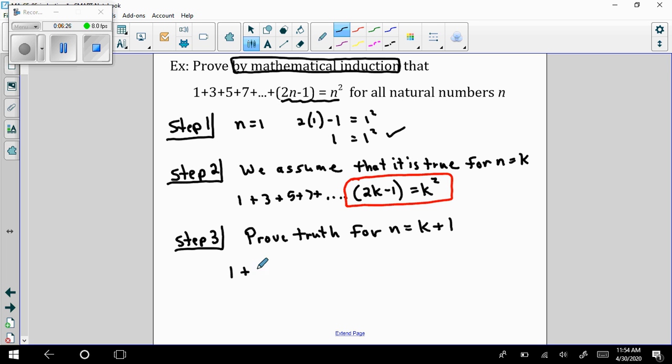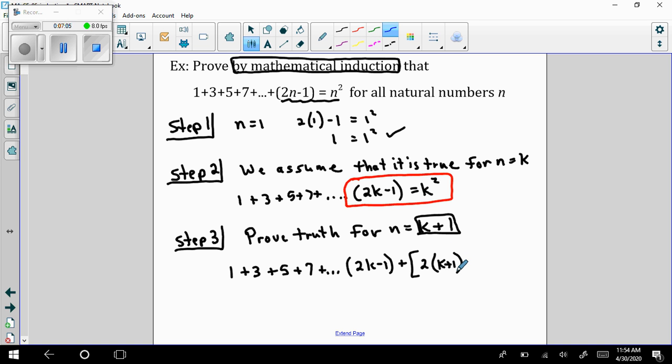Okay, so now I'm going to say 1 plus 3 plus 5 plus 7 plus the statement that was originally given to me, 2k minus 1. Now I'm going to substitute this k plus 1 in place of my n. So now I have plus 2, k is going to be equal to k plus 1, minus 1.